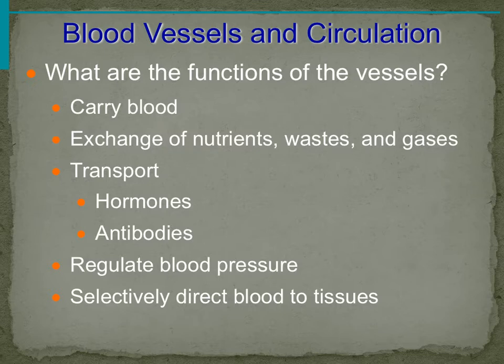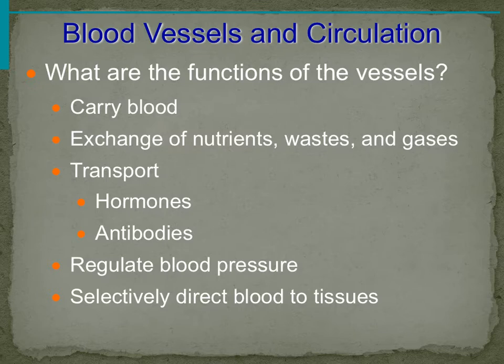So in general, and we've talked about this before, like when we talked about blood too. Blood vessels carry blood, obviously, and the job of blood is to exchange nutrients, waste, and gases, so to get good things to cells and bad things away. They can transport hormones, which we've talked about with the endocrine system, as well as antibodies, which remember are part of the immune system, and they can flag invaders and such.